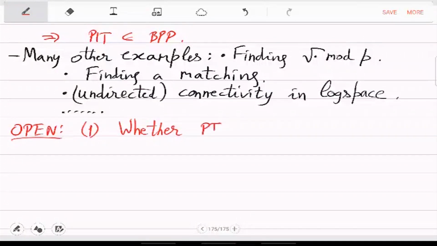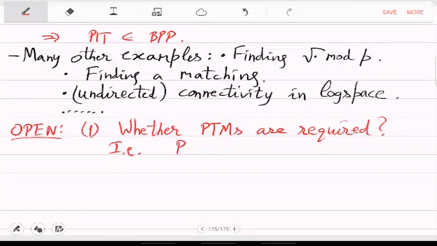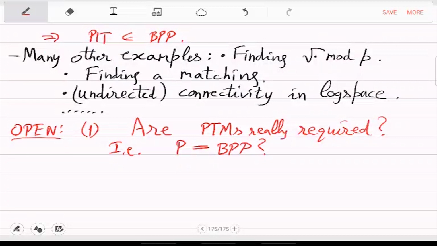Okay, that is the question of whether P is equal to BPP.